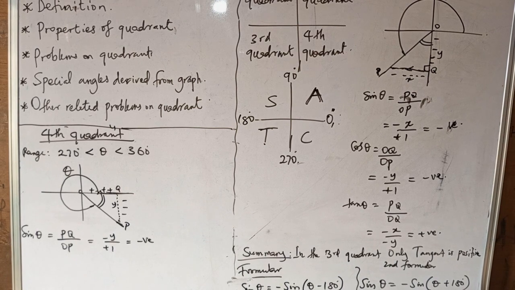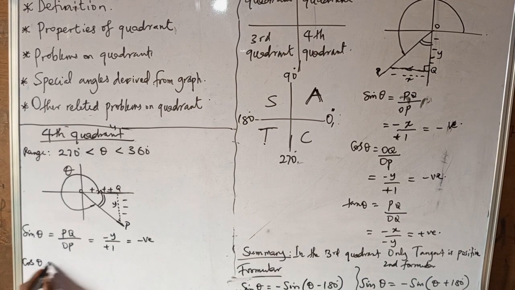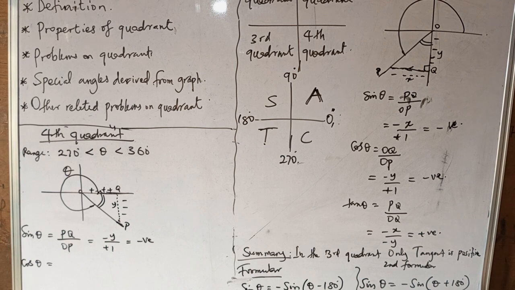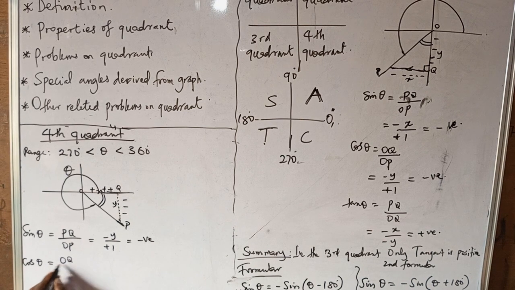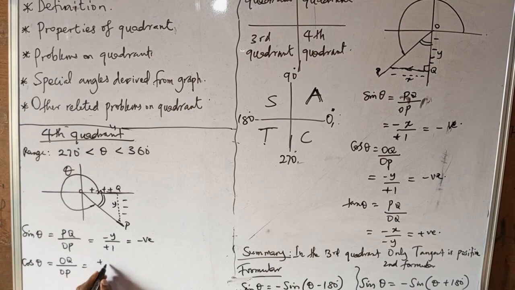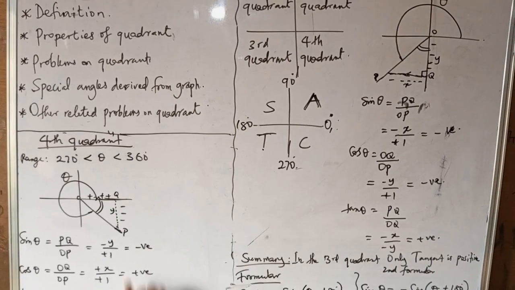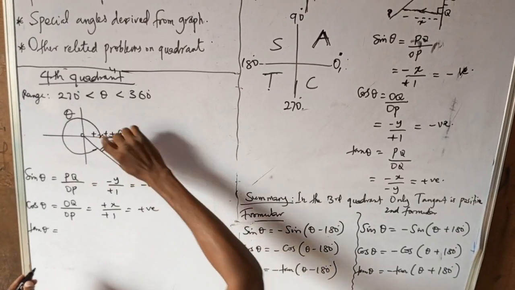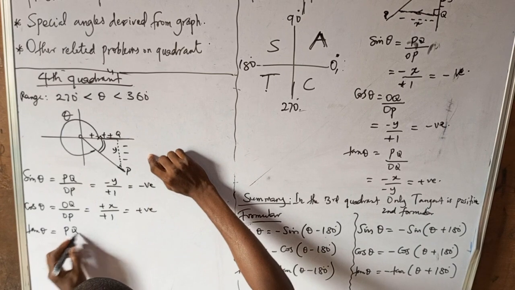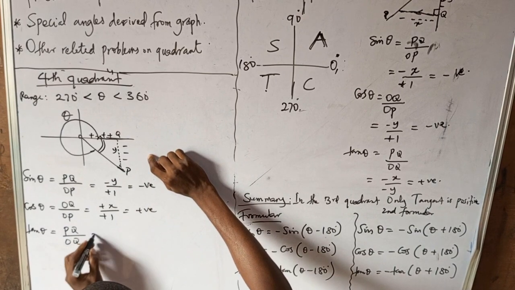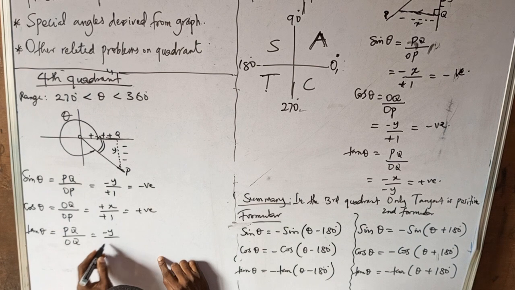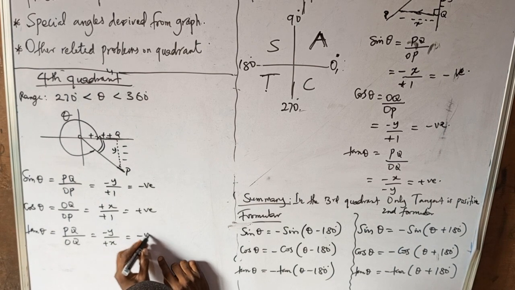Then cos theta equals adjacent OQ over hypotenuse OP, which equals plus x over plus 1. Positive by positive gives us positive. Then I have tan theta equals opposite over adjacent, that is PQ over OQ, which equals minus y over plus x, which will give us negative.